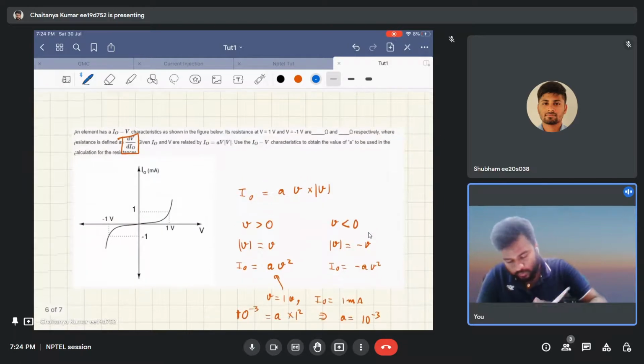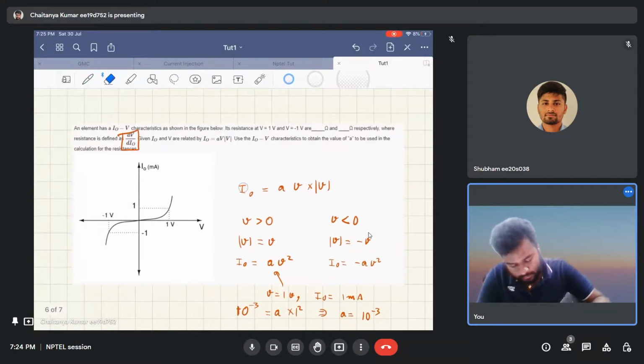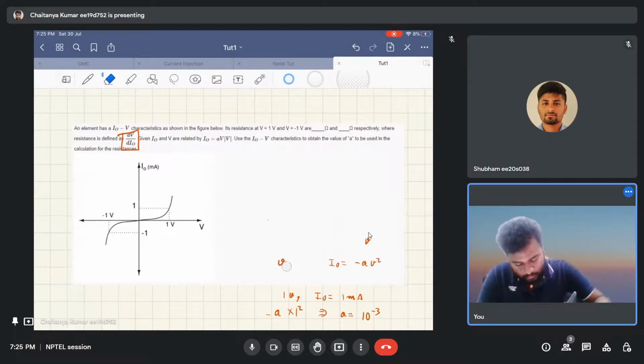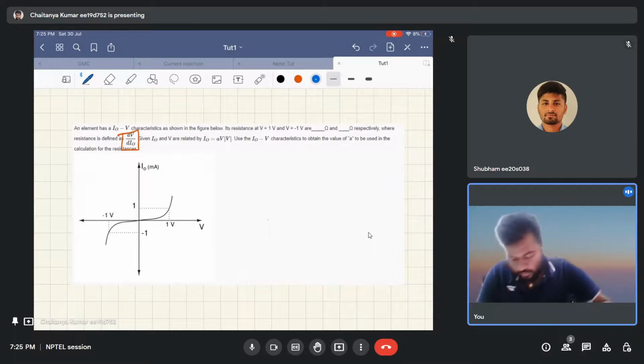Now in this question, you have been given a VI characteristic of an element, and you need to find the small signal resistance at a voltage of 1 volt and minus 1 volt.